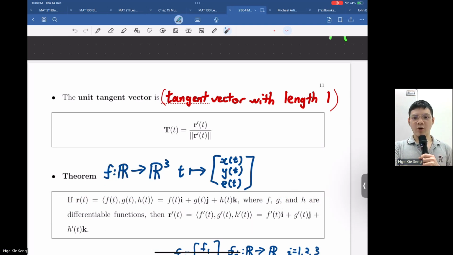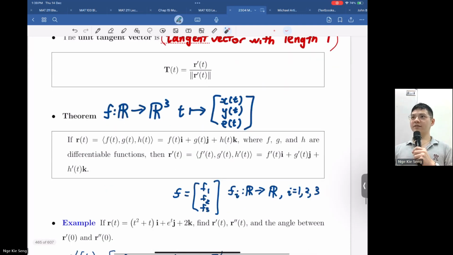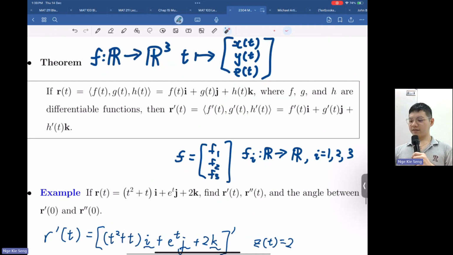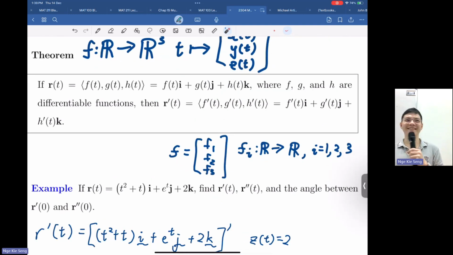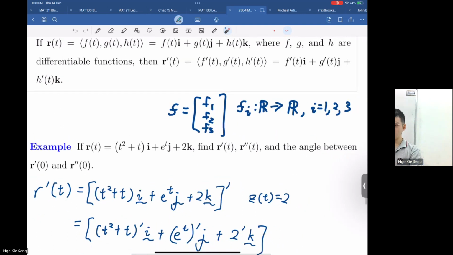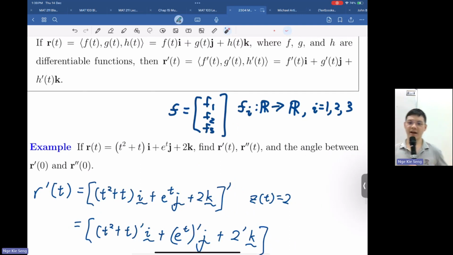Okay, do you want to do one exercise? Maybe do one exercise first. You guys seem a bit sleepy now. Compute r prime(t) and r prime prime(t), given r(t) here. And then try to find the angle between the two vectors.